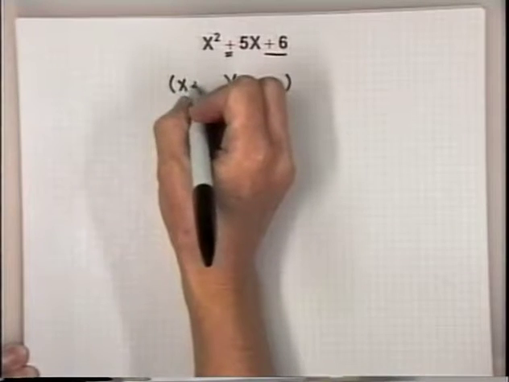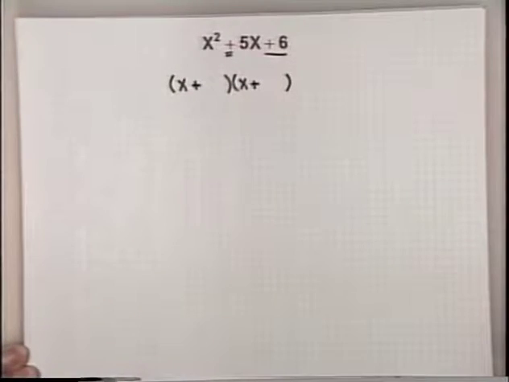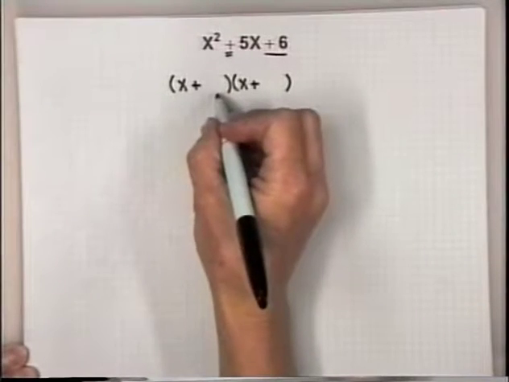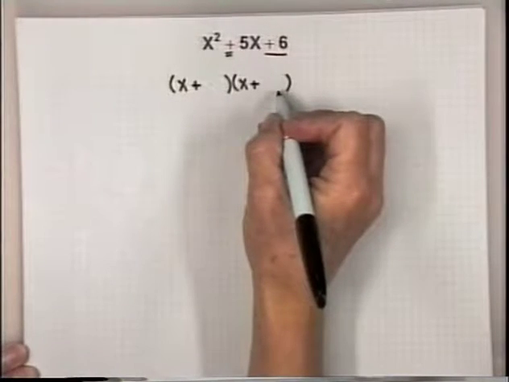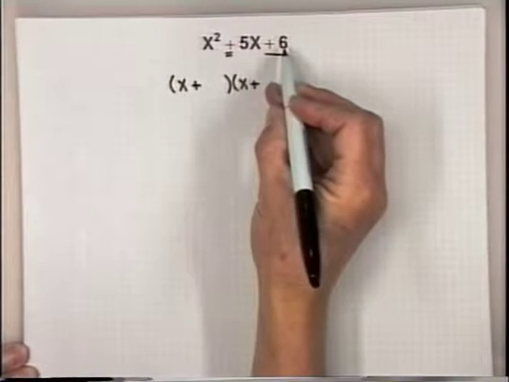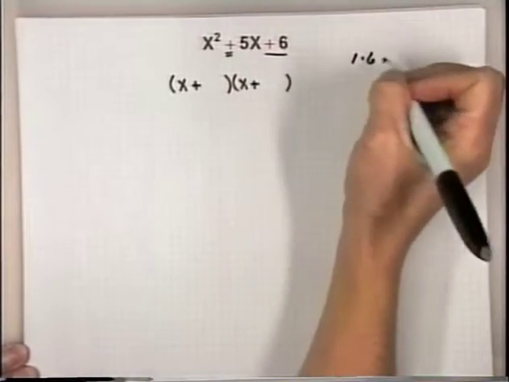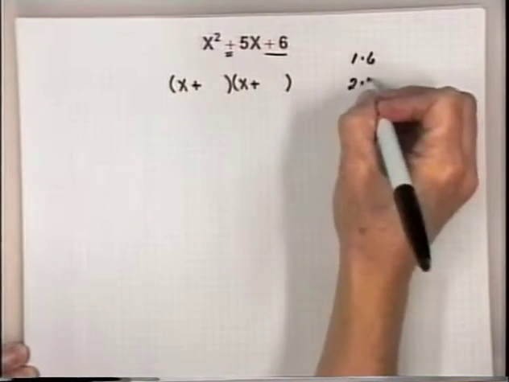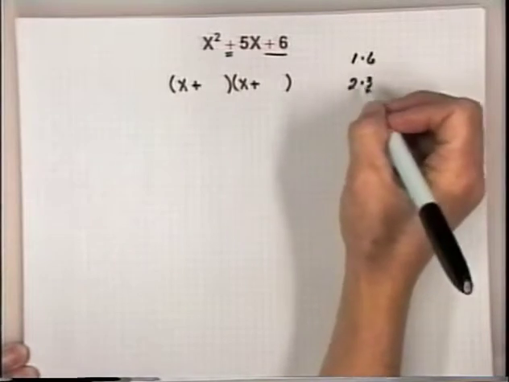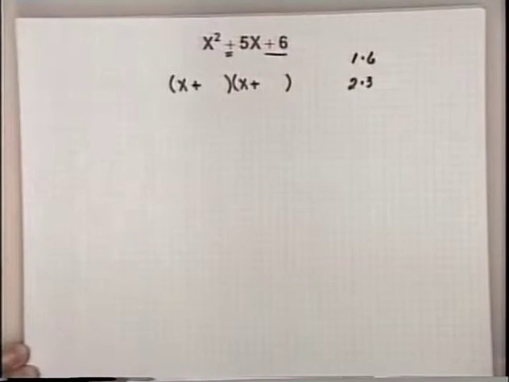Since we already know we have like signs and they are both positive, let's put those in. Now, remember that the numbers that go here must be factors of the third term. There are two possible types of factors for 6. We have 1 times 6, and then we have 2 times 3.